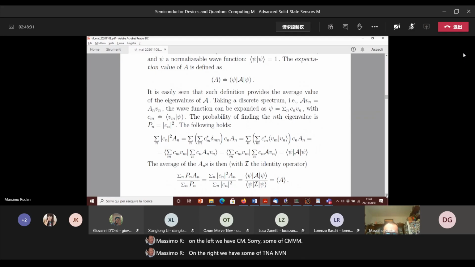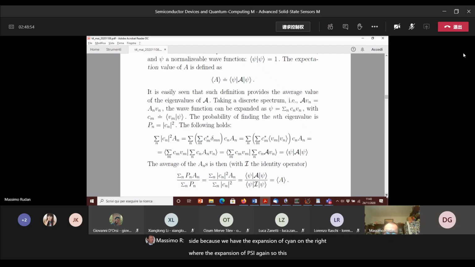On the other hand, ANVN is the operator operating on Vn. The operator is Hermitian, so we can bring it in the middle of the product. And we are left with psi on the left, because we have the expansion of psi, and on the right we have the expansion of psi again.